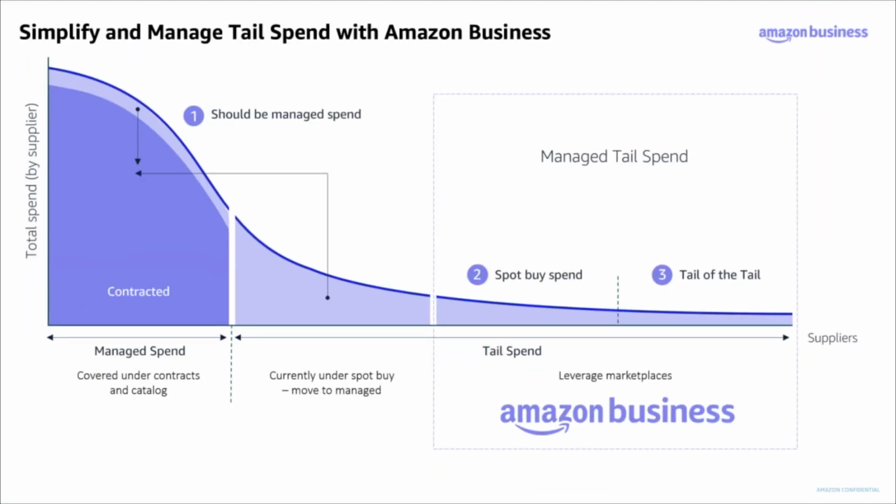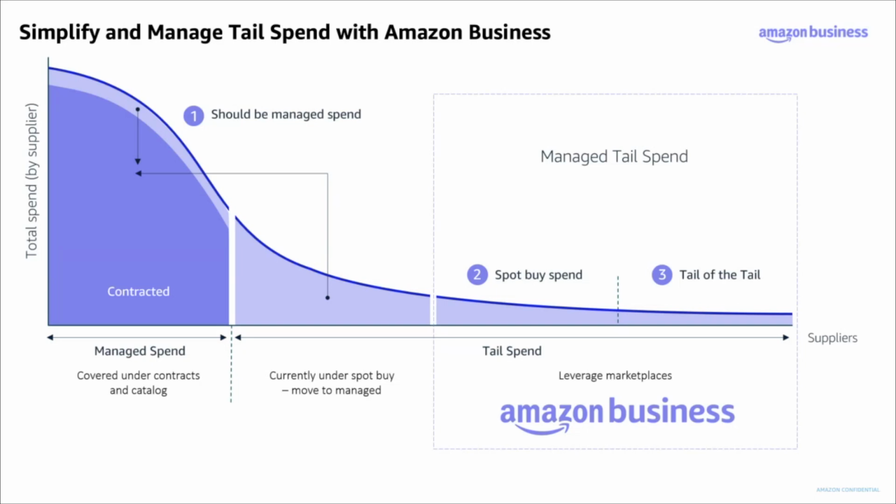Here we see a pattern that's common for really almost all of the organizations that we work with, a graph of the indirect spend of organizations and the number of suppliers that they have to manage for that. So when we talk about contracted spend or some core purchasing for the companies, there's a very small number of suppliers that companies have to manage, and there are specific procurement processes already in place for that.